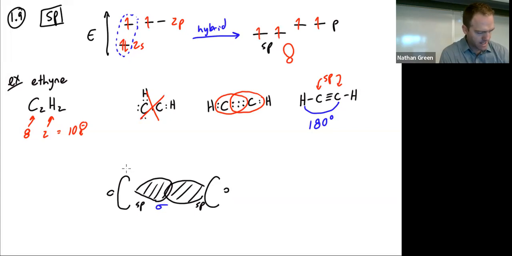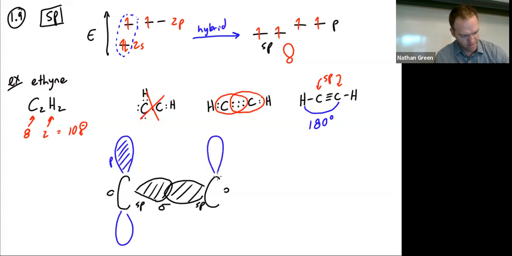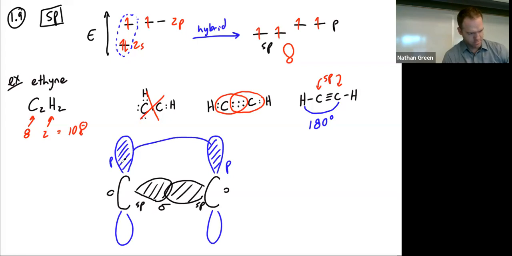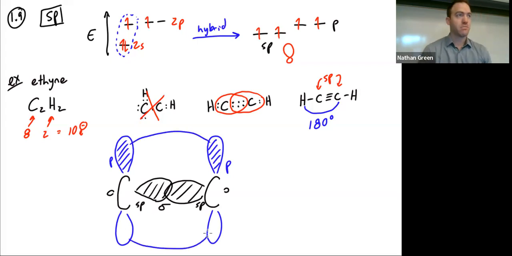Now we also have, let me keep this in blank. I'll try and color code everything here. We also have a p orbital here and a p orbital here. And if they are phased correctly, meaning that they are both shaded up or both shaded down, those p orbitals can overlap. And I'm going to draw 2 lines here, but I'm actually only making 1 bond.